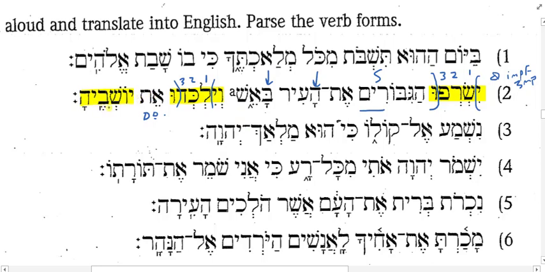Now this one's a little bit harder to analyze. But what I have is a verb root, yod, shin, beith, yashav. Do we know that verb? Yashav is to what? To sit or dwell. Okay? To sit or dwell.